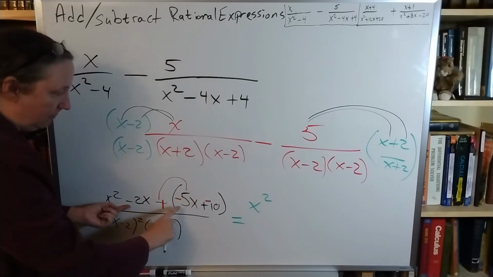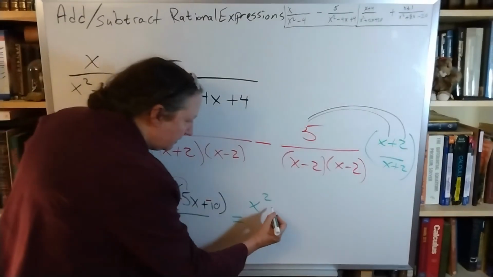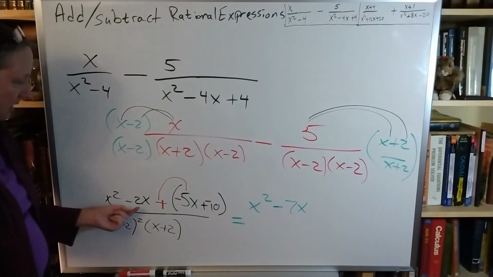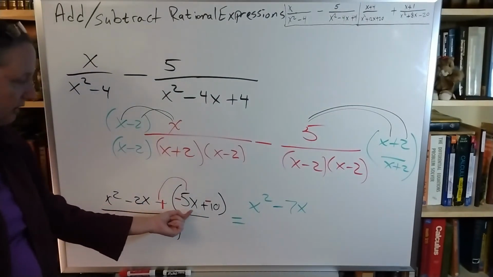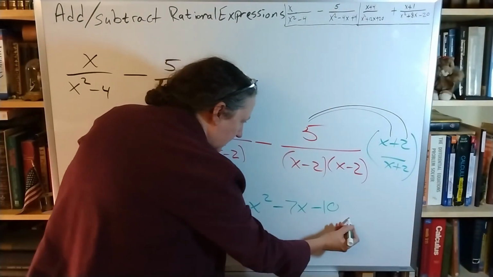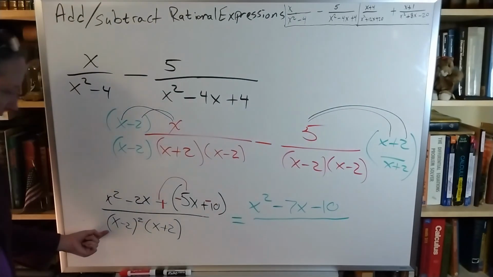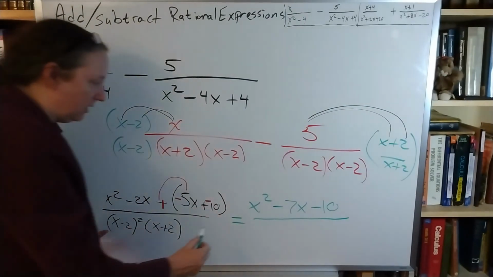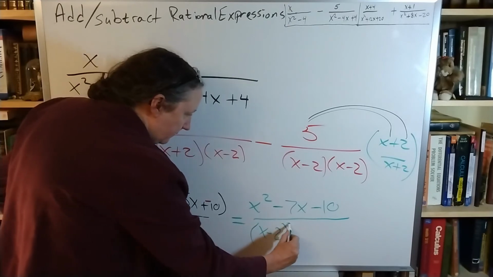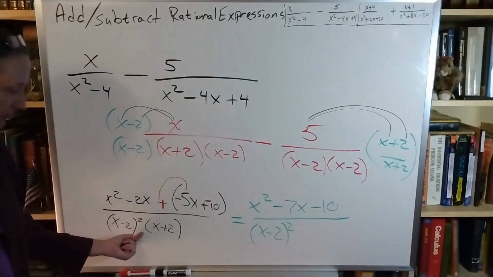So minus 2 minus 5 is minus 7. Okay, so that's done, and then I have this minus 10. And it's all over x minus 2 quantity squared multiplied by x plus 2.